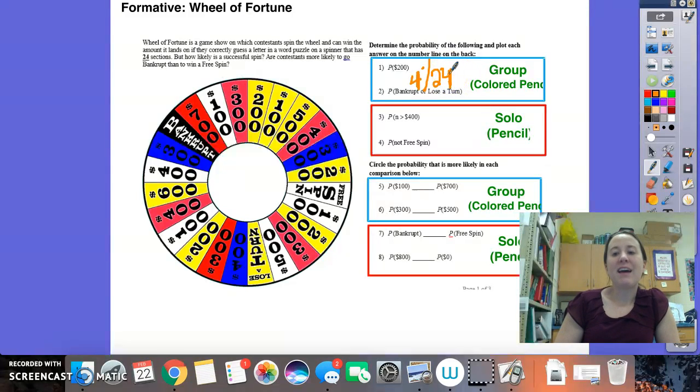So it is unlikely that we would spin the wheel and land on $200. So similarly, bankrupt or lose a turn, there is 1 bankrupt right here and 1 lose a turn here. So there's a 2 out of 24 chance of spinning one of those 2 sections. So that's less likely to happen. That's only about an 8% chance, but it's still possible, even though it's unlikely. Let's go to the next page.